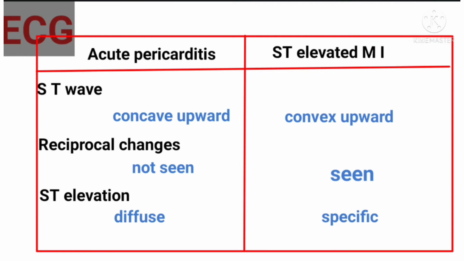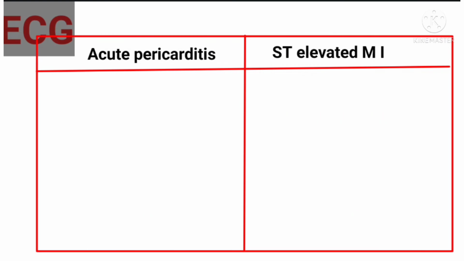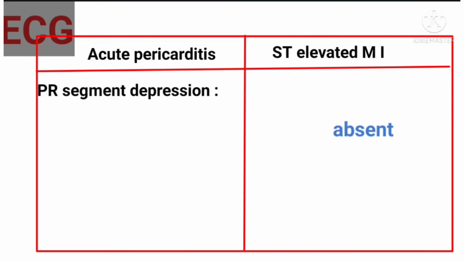And in acute pericarditis, the ST elevation is diffuse or global, but in ST elevated MI, this ST elevation is present in a specific area of the ECG only. And the big difference is PR segment depression is present in acute pericarditis, but it is absent in ST elevated MI.